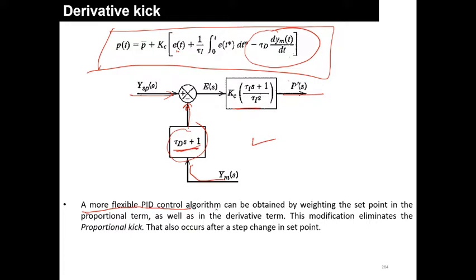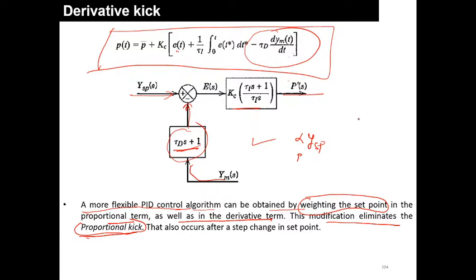And if we want to make the PID control more flexible, we can take another way: a more flexible PID control algorithm can be obtained by weighting the set point. We put weights on the set point, some alpha, beta, gamma. Then, as in the derivative term, this modification also eliminates the proportional kick. Remember how the proportional kick is removed? There are two answers.